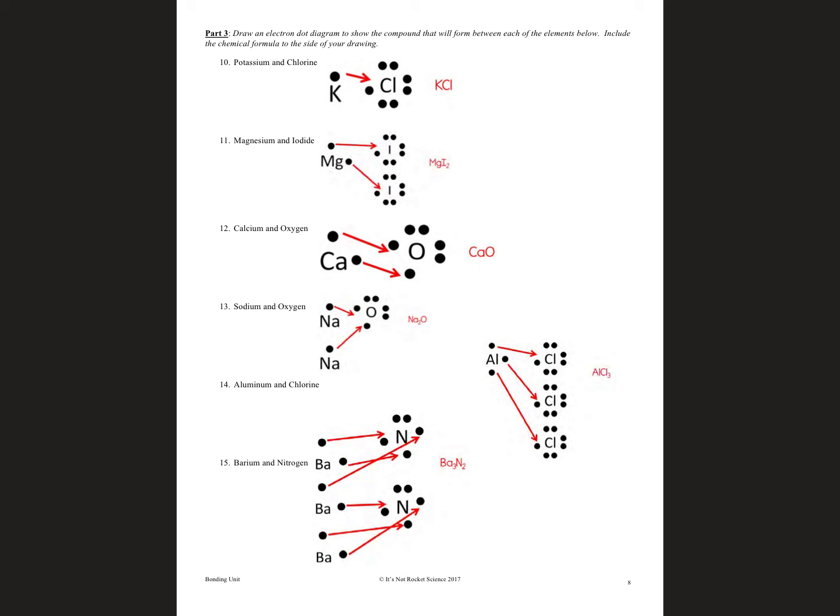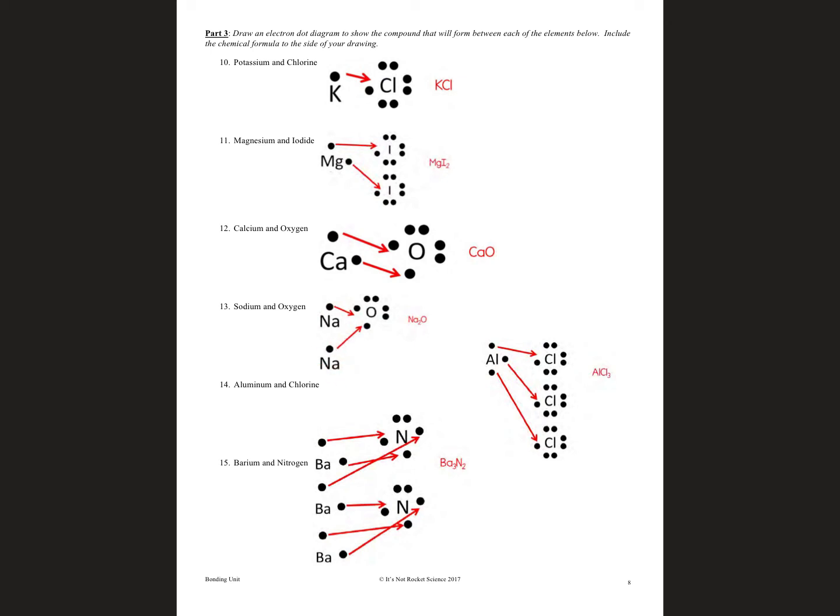Calcium and oxygen. You have 1, 2, 3, 4, 5, 6 here. So we have 2 open spots, and we have 2 electrons from calcium, so we can simply put those both there. Sodium and oxygen. Oxygen needs to gain 2, and since sodium only has 1, you just want to use another sodium.